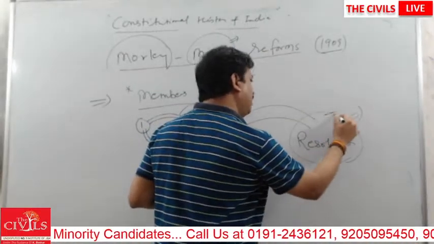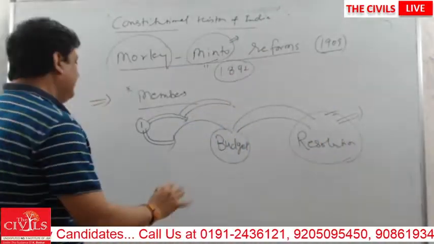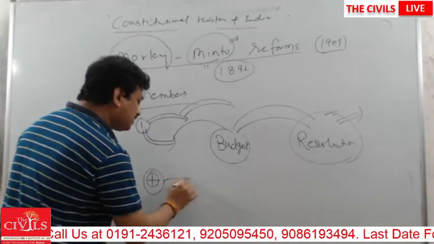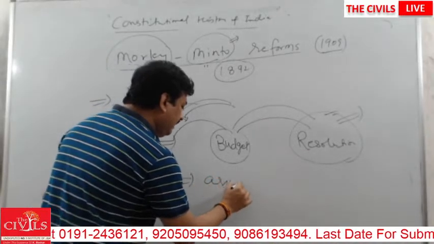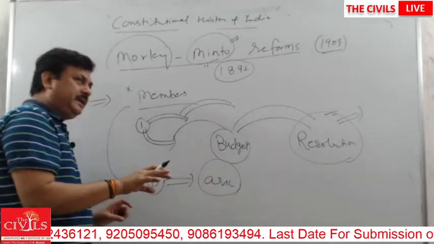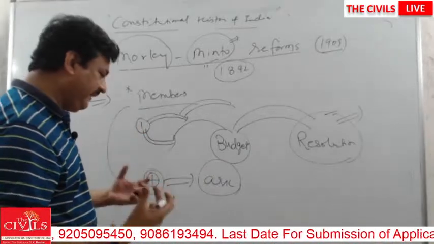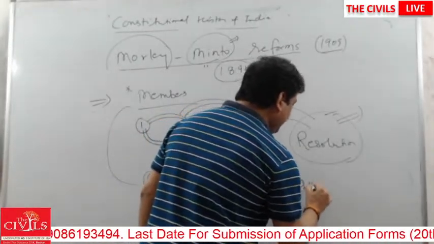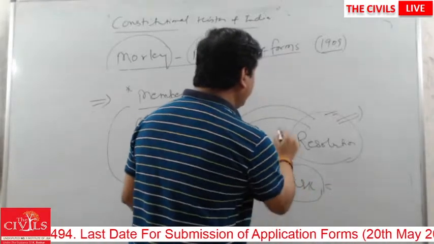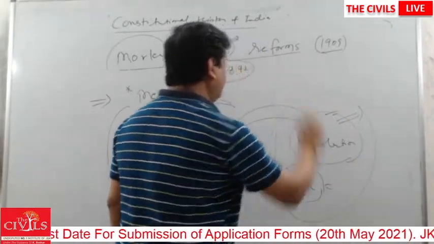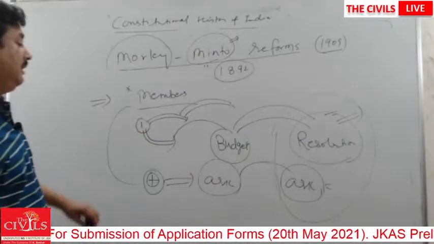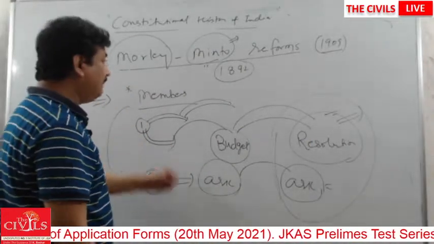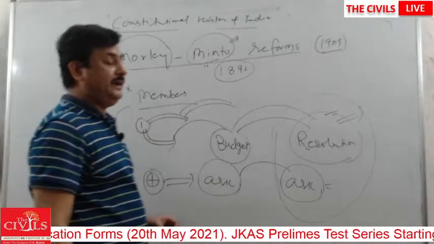This is the most important thing. The members were not only empowered to ask questions on internal matters and matters of public welfare, but they were also empowered to ask supplementary questions. This right was not available to the members under the Act of 1892.